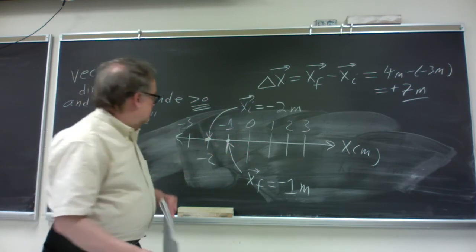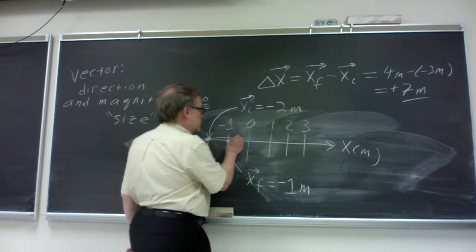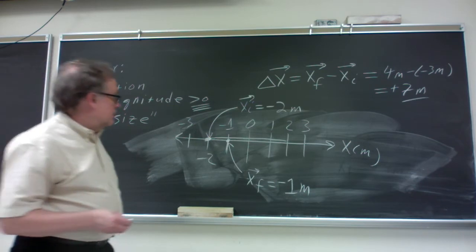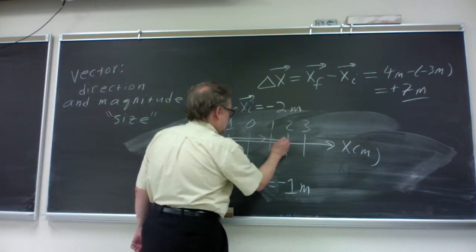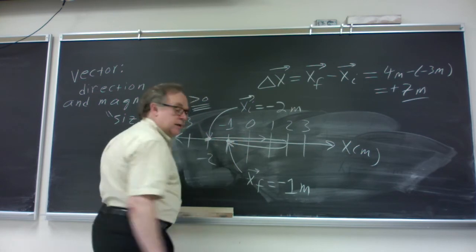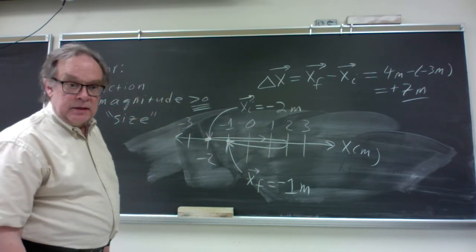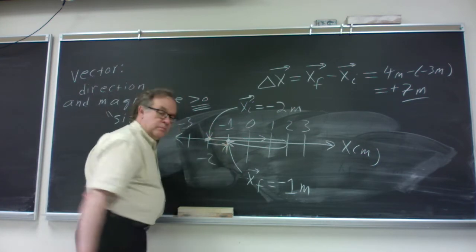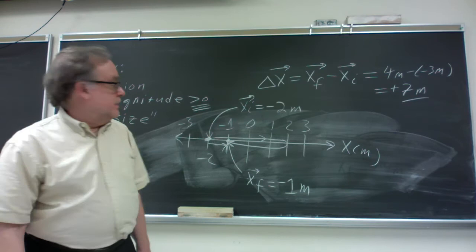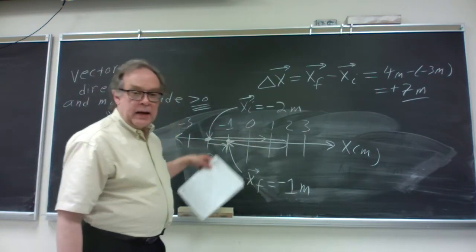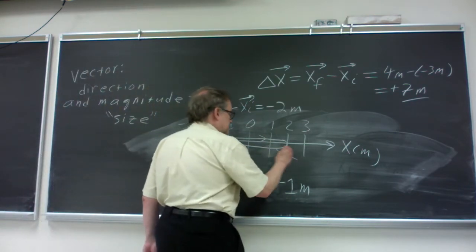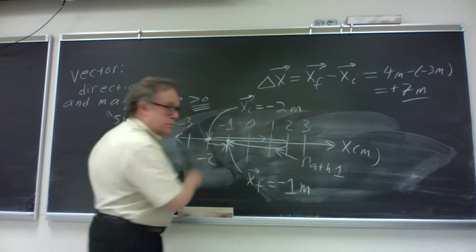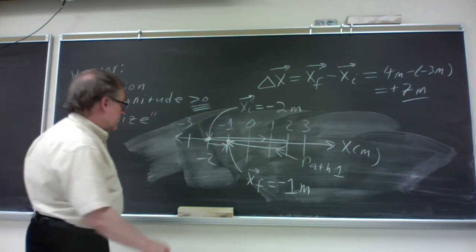The bug might start here and then move this way all the way to the plus 2 meter point, and then come back and end at x equal minus 1, or the bug might just move directly from minus 2 meters to minus 1 meter. And we'll call this longer path, path 1. And the short path, directly from minus 2 to minus 1, we'll call that path 2.